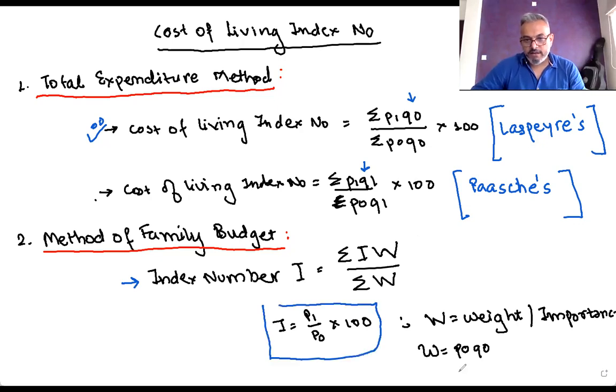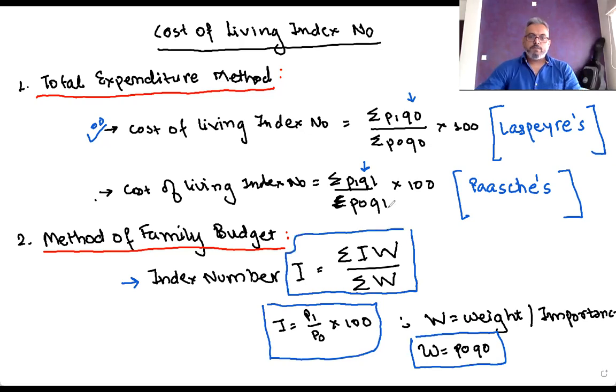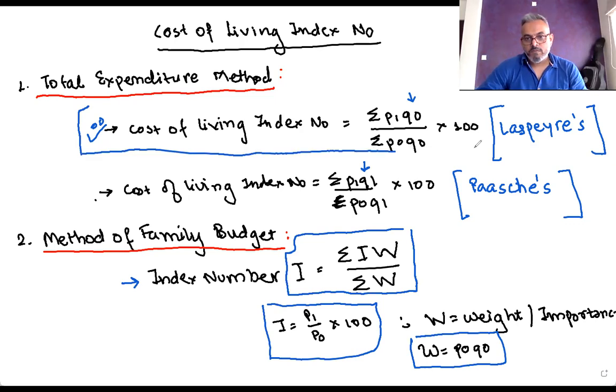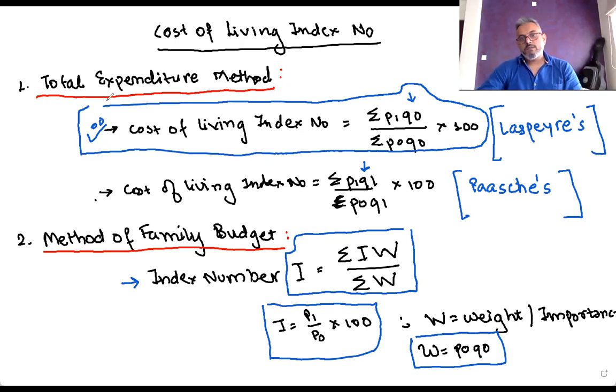This is I, this is W, this is the main formula. Please write the formulas and then we go for the sums. Now, I is equal to sigma IW upon sigma W, we have already seen this formula.